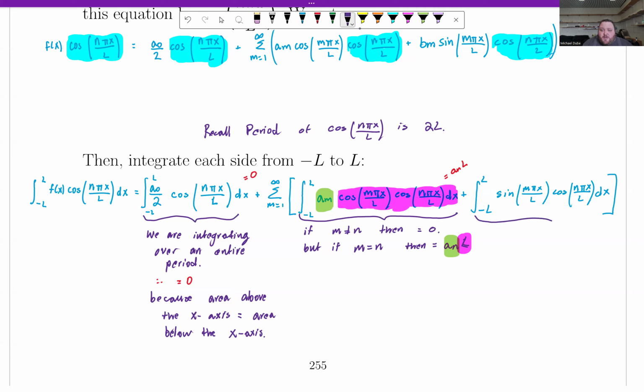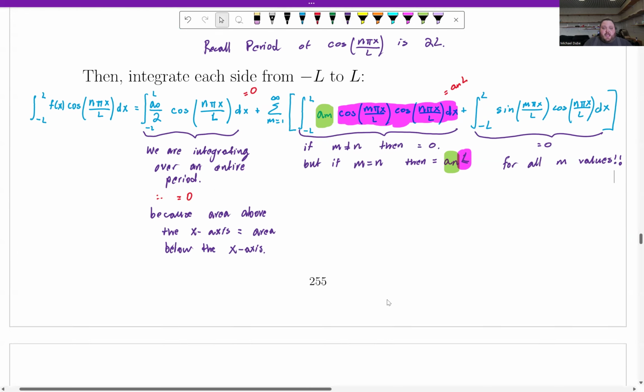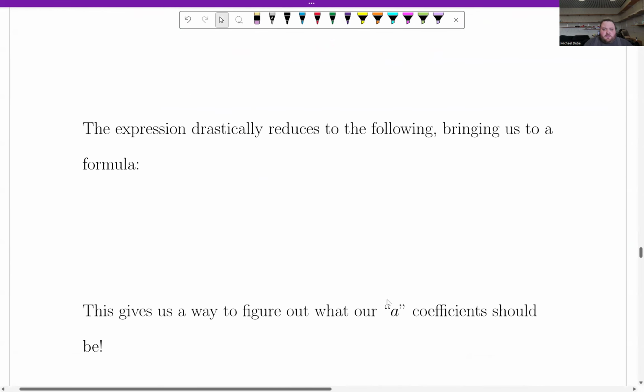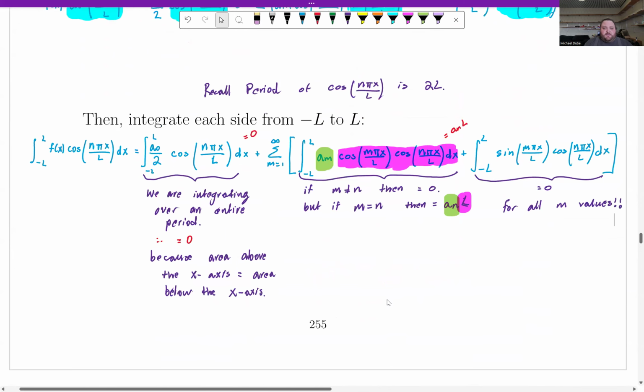And remember from our equations on that previous page, and if you're not remembering this, just pause the video, scroll up, then continue the video. We would see that this will be equal to 0, regardless of whether m equals n for all m values.